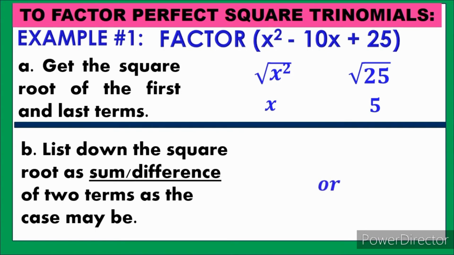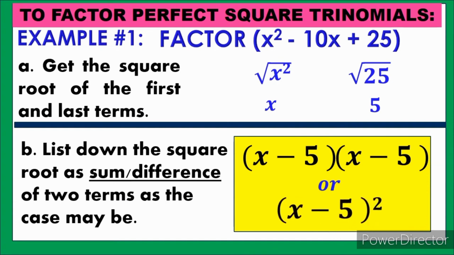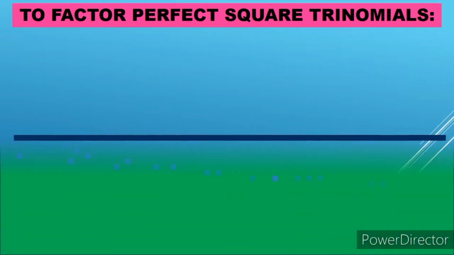Okay, so the answer here is x minus 5 times x minus 5 since the middle term is negative. It is equal to the square of x minus 5. Okay, why negative? Kasi yung middle term ng trinomial natin is negative.